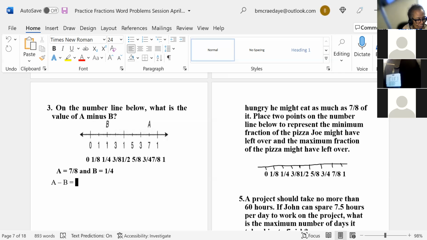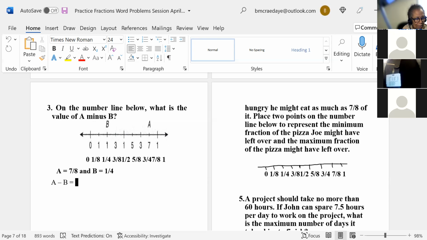Okay. A is 7/8. B is 1/4. Three sevens? No. We're working in 8s and 4s.